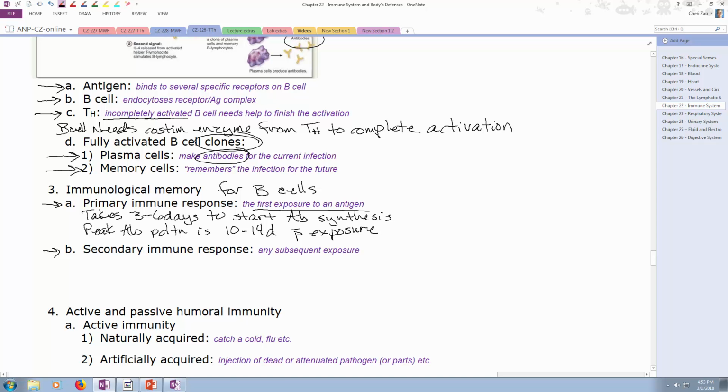So this is our primary immune response. First exposure to the antigen. A whole bunch of activation going on here. Helper cells, B cells, and we want antibody production. And in order to get any antibodies, it's going to take 3 to 6 days to start this up. Some people are really fast at this. Other people are a little bit slower. That's why we have 3 to 6 days.